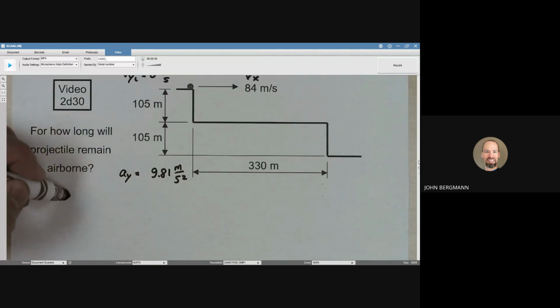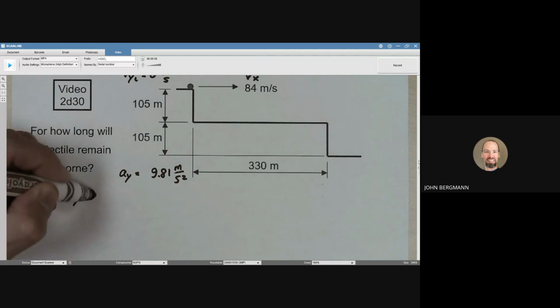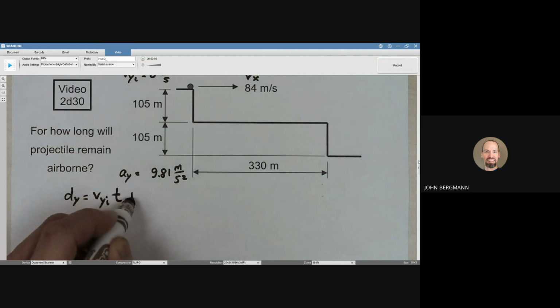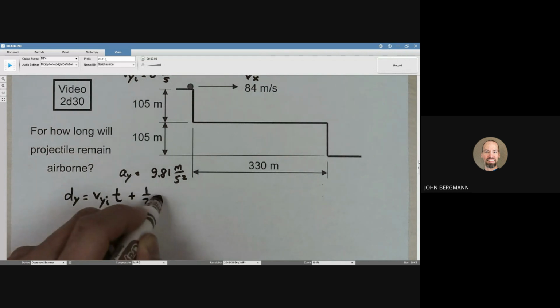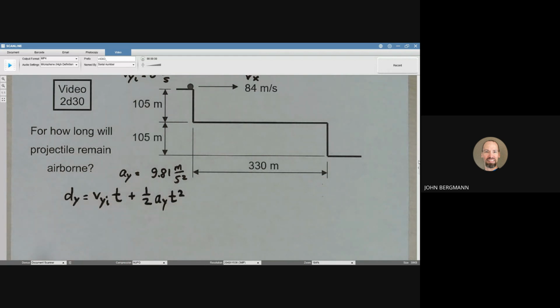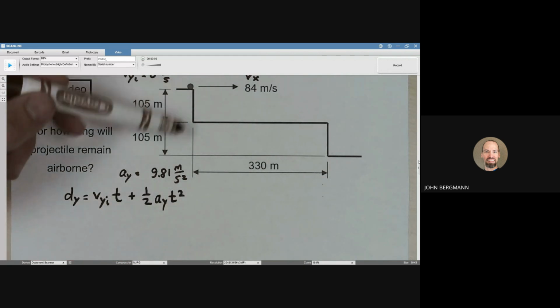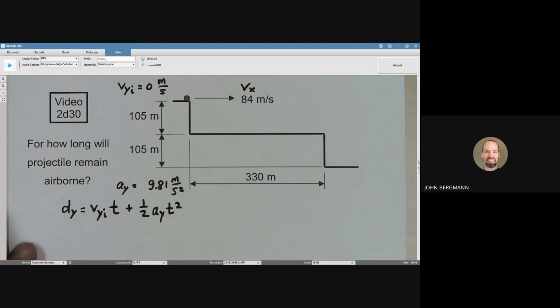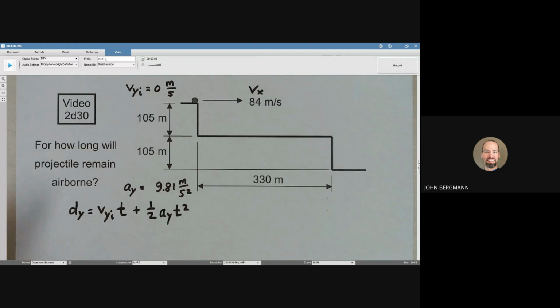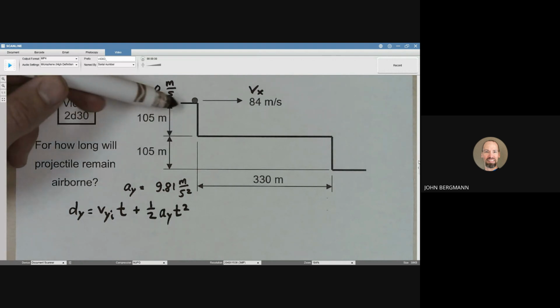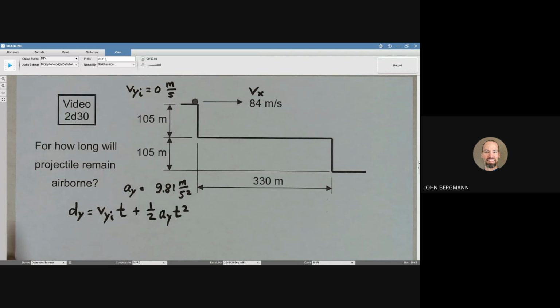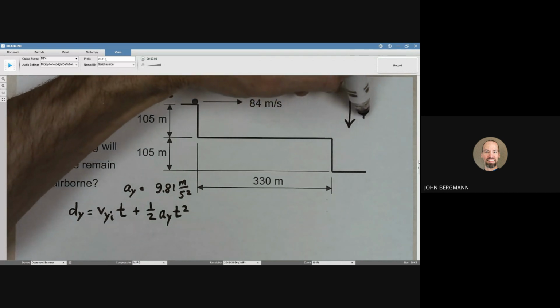Here we go. dy is equal to vy initial times time plus 1/2 ay time squared. Now here's the thing. All of the up and down motion is pointing downward. Gravity points downward. The dy points downward. And so for this, I'm going to say that downward is positive.